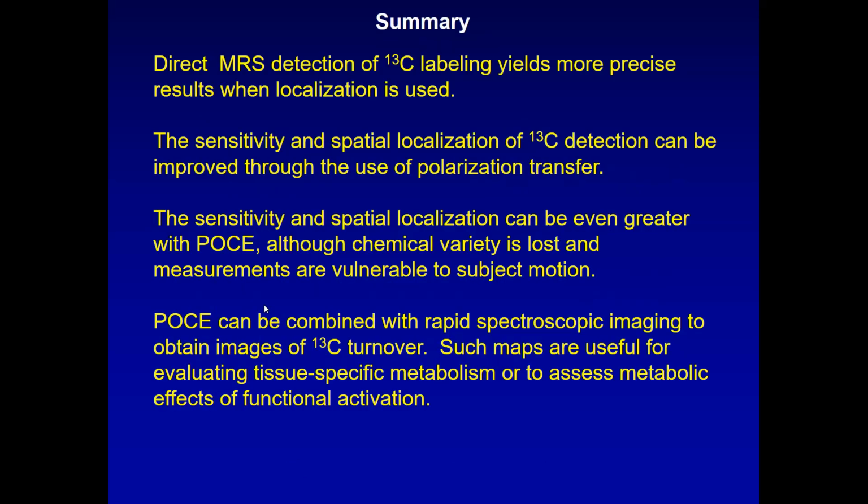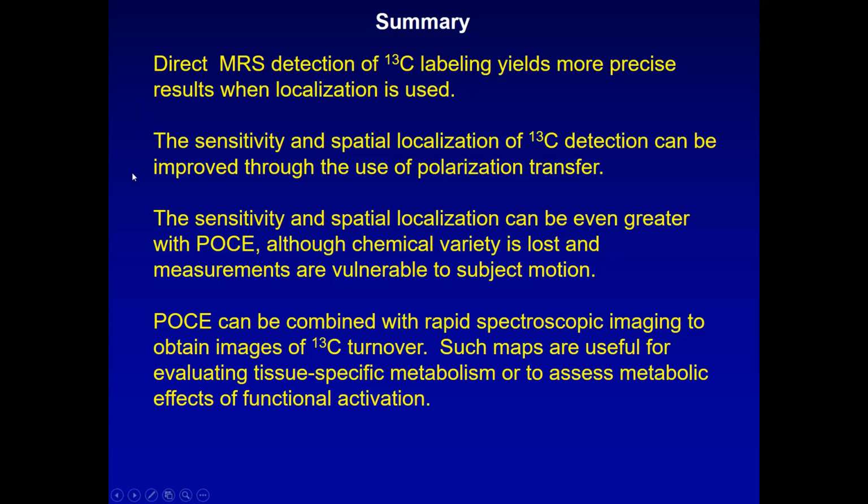In summary, direct C13 detection gives us more precise results when labeling localization is used. Remember how we got rid of that broad lipid lump once we went to localized spectra? But there were still some issues with the voxel locations for different chemicals, the chemical shift dispersion artifact.